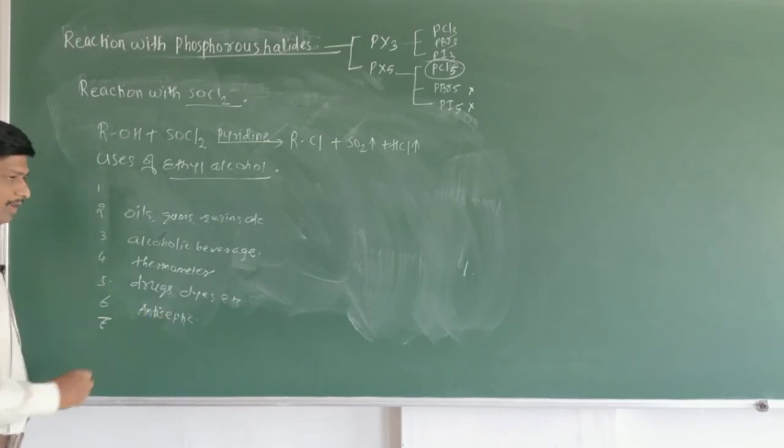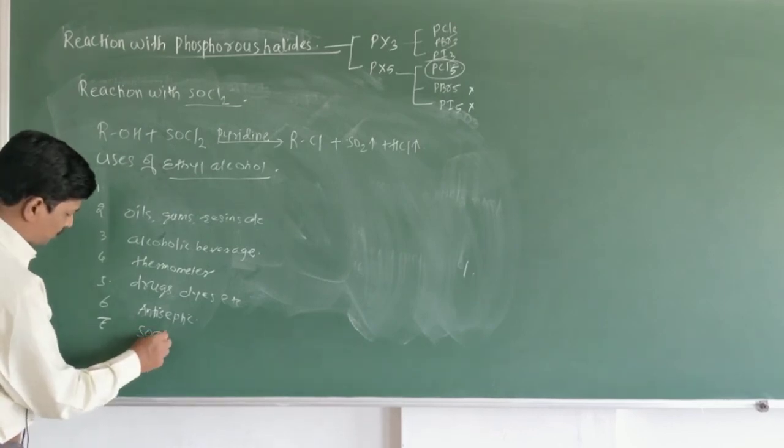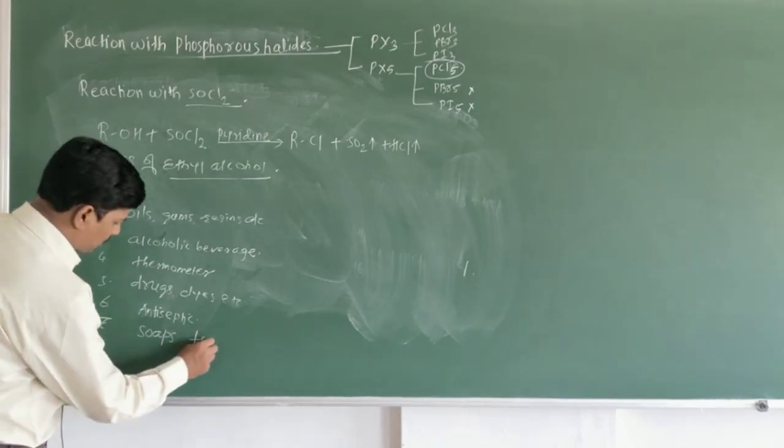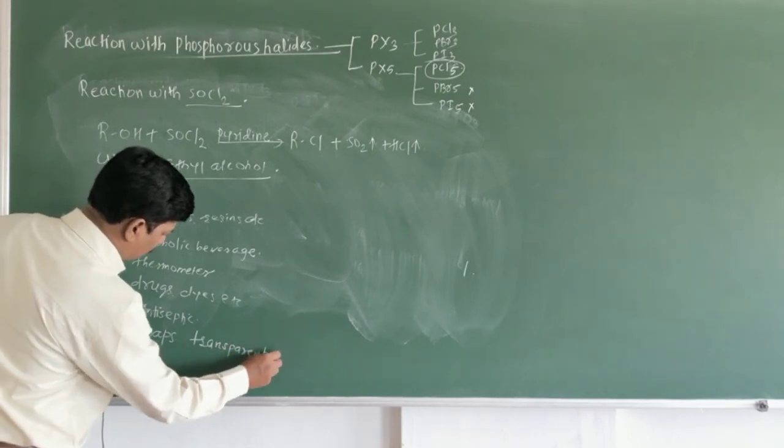The next one, ethyl alcohol is used in the manufacturing of soaps, particularly transparent soaps. To make transparent soap, ethyl alcohol is used.